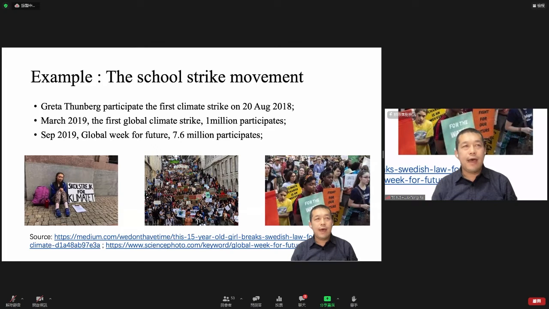Then in September of 2019, in the first Global Week for the Future, more than 7.6 million people joined the strike, which translated into activism that has huge influence on the climate and also received a lot of media reports. And in that example, the actors are the citizens, and especially the youth.